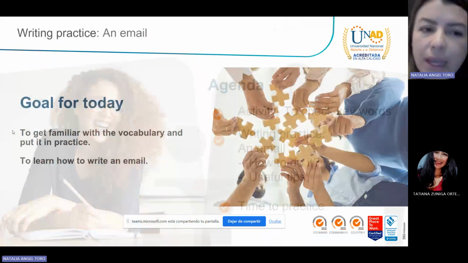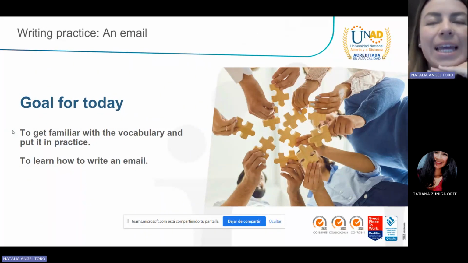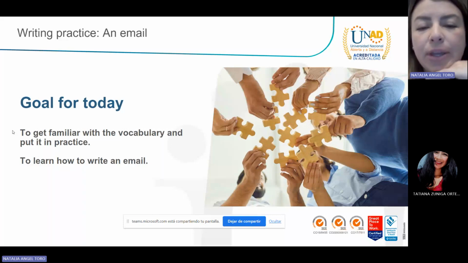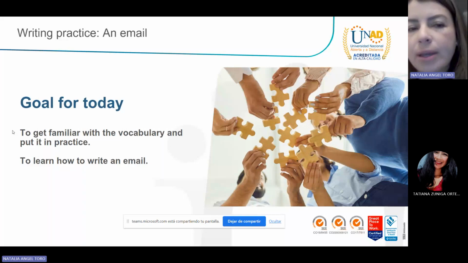So our goal or objective for today is to get familiar with the vocabulary and put that vocabulary in practice by doing the email, and also learn how to do it.